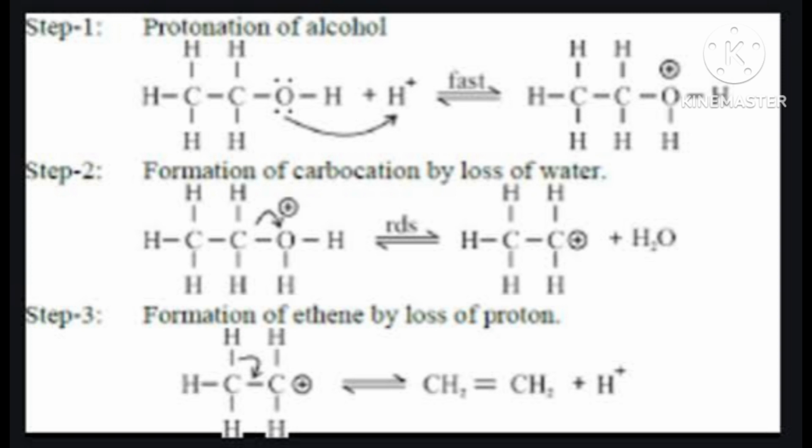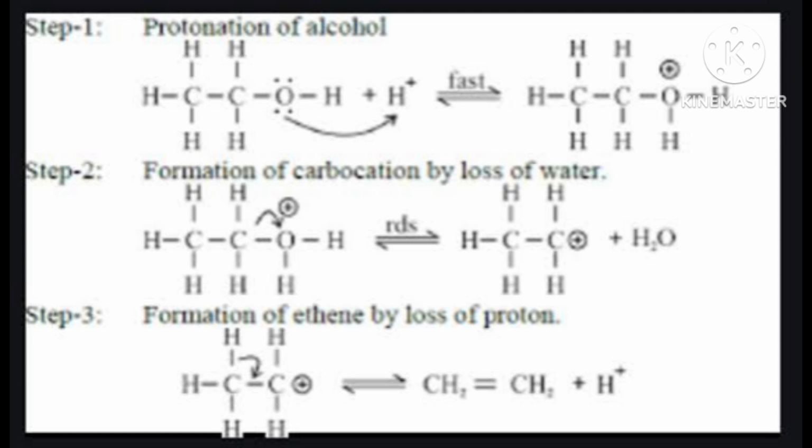The atom will go from the adjacent carbon. When one atom goes, it creates a positive charge on one carbon, and on the other carbon it creates a negative charge, meaning a pair of electrons.